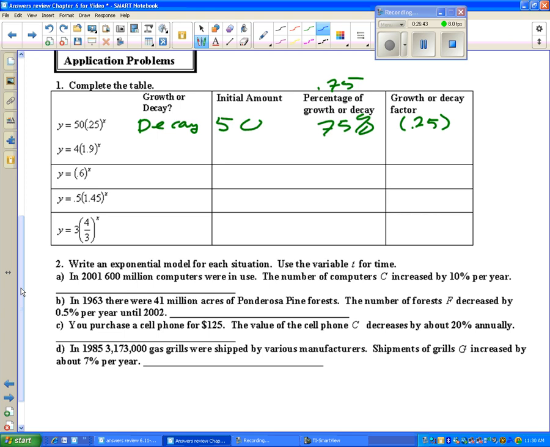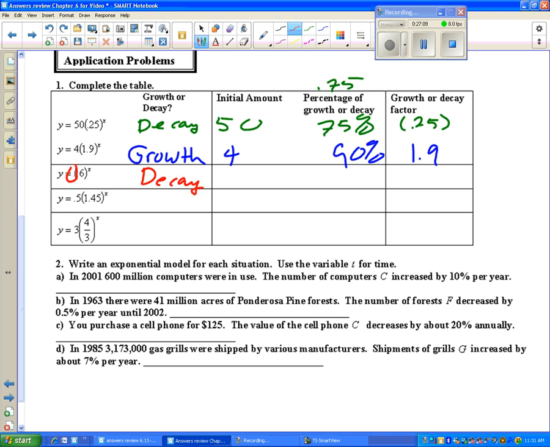Next one, growth or decay: 1.9 is greater than 1, so it's growth. My initial value is the 4. In the parentheses, I have 1.9. The difference from 1 is 0.9, which is 90%. Move the decimal twice. Growth or decay: 0.6 is between 0 and 1, so this is decay.